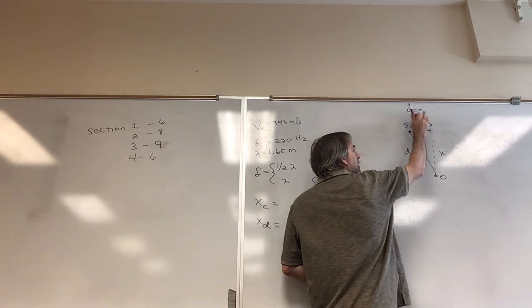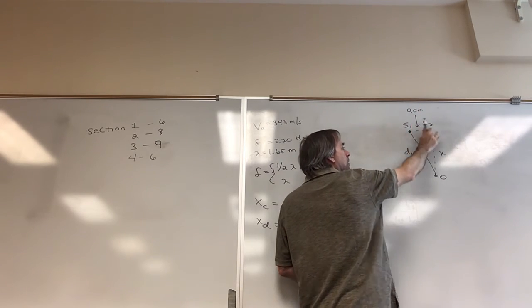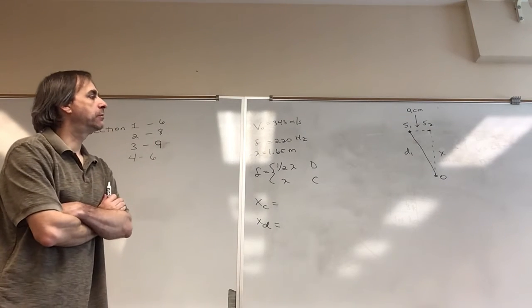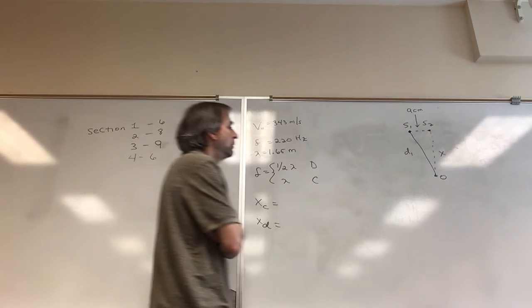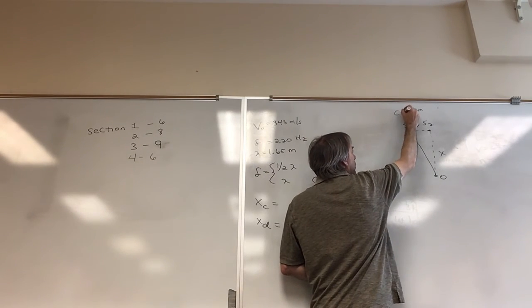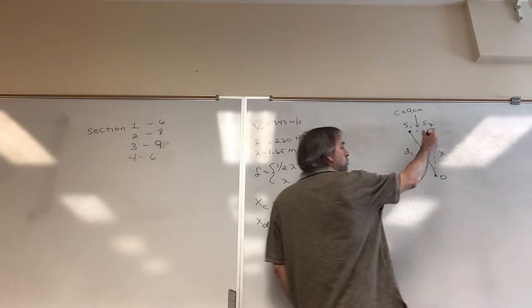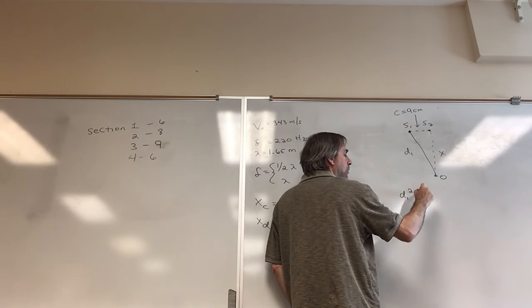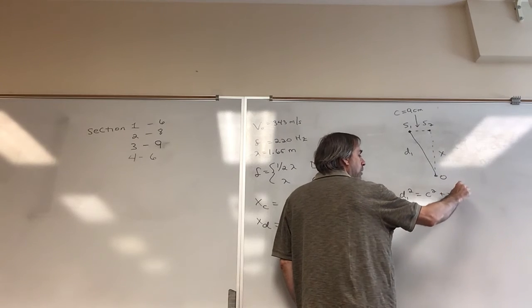Let's give this length here a name. Not sure what to call it. Let's just call it C. So D1 would be C squared plus X squared.